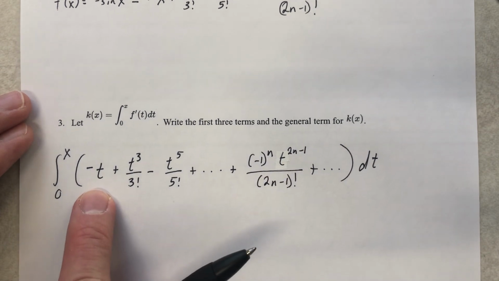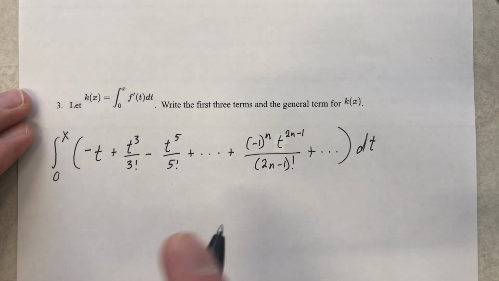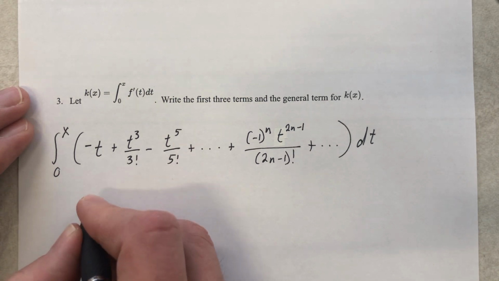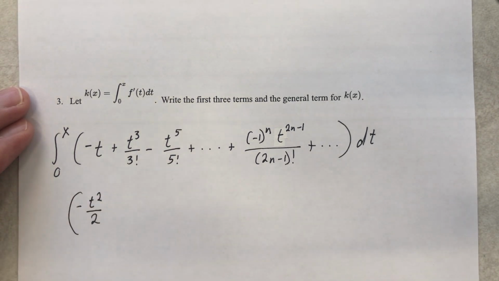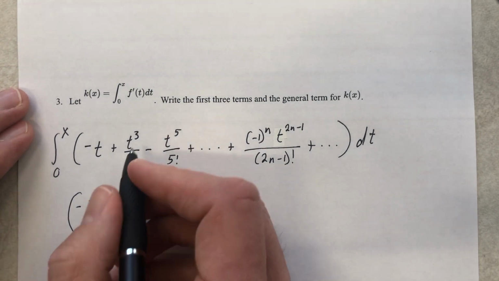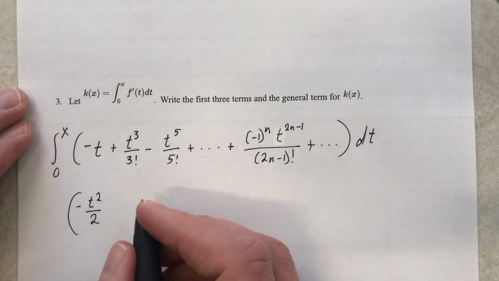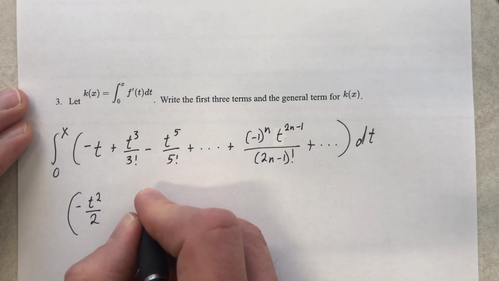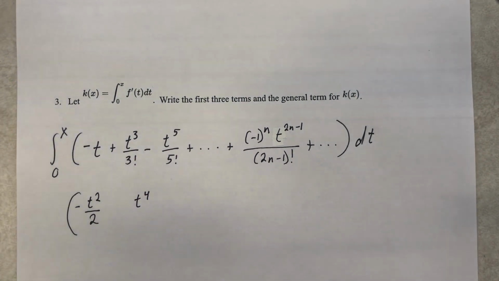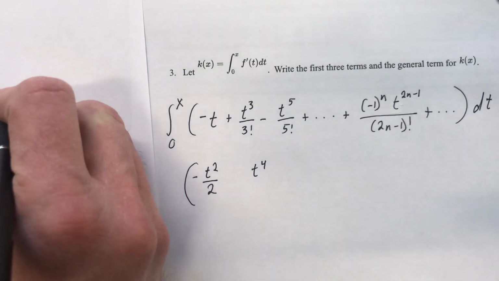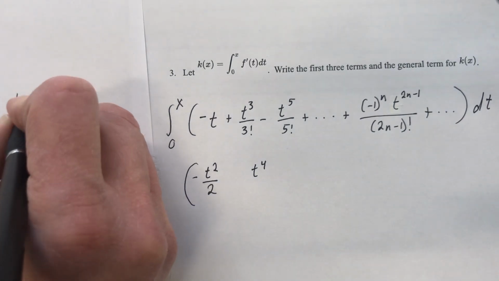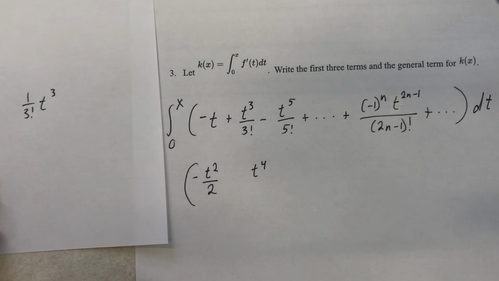So the antiderivative of negative t would be, well, negative t squared over 2, right? Parenthesize, because you'll need it. All right, antiderivative of this guy would be, let's see, t to the 4th for sure. And what I would have is, check this out. Here's our old trick. This is what I am taking the antiderivative of.